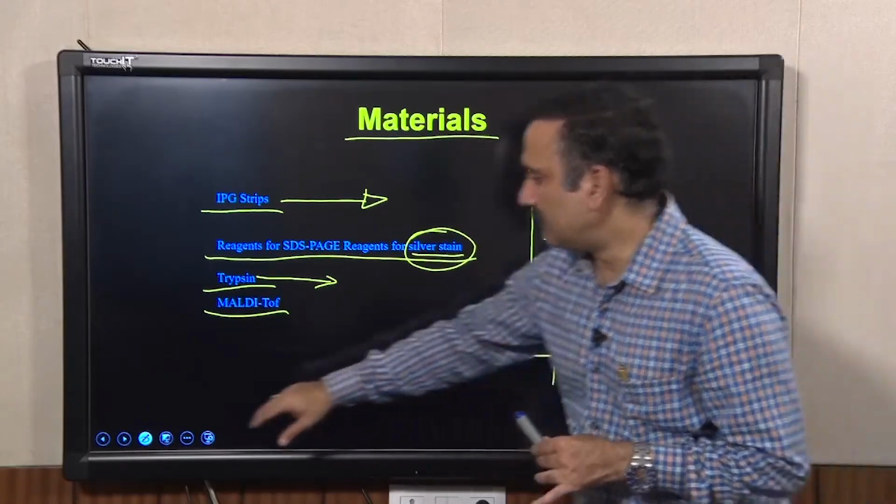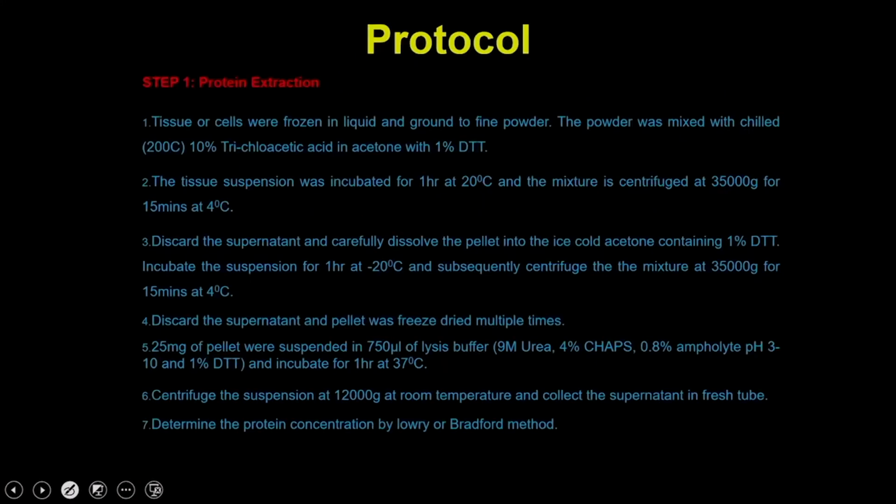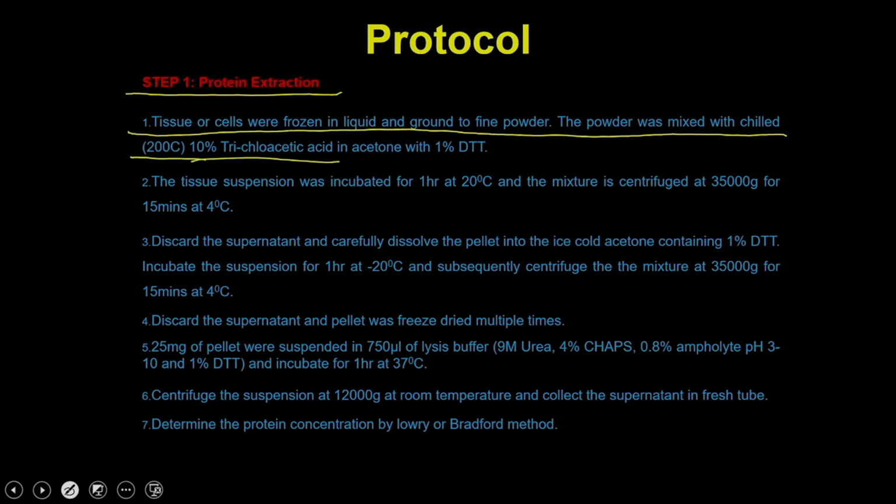This has multiple steps. For example, in step 1 you are going to do the protein extraction. In the protein extraction, the tissue or the cells are frozen and ground to make a fine powder. Then this fine powder is mixed with chilled 10% TCA in acetone with 1% DTT.